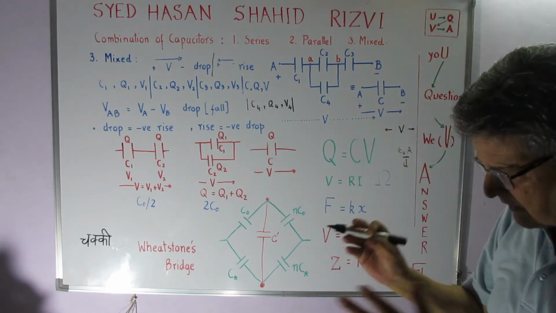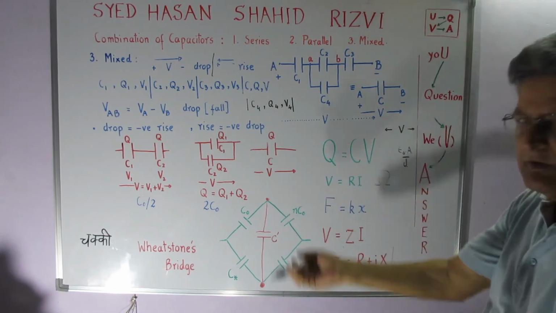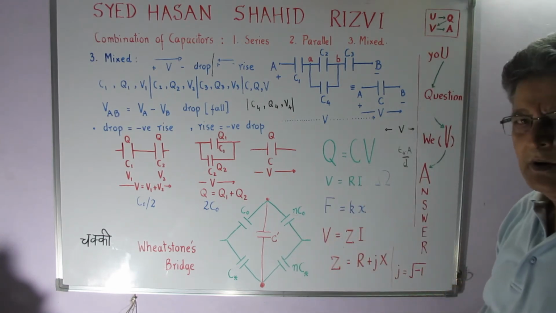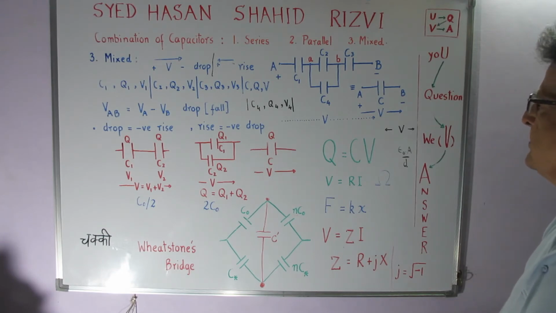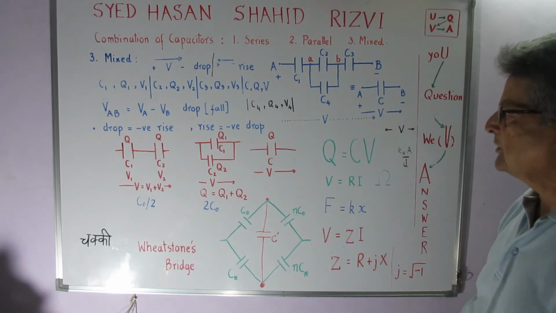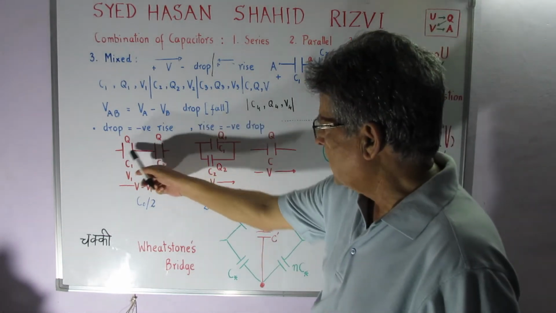Okay, and then work that out, calculate these fractions, reverse the value of C, and you obtain the result. So this is the simple method that you do. Look here, there is another thing. This is the combination series.